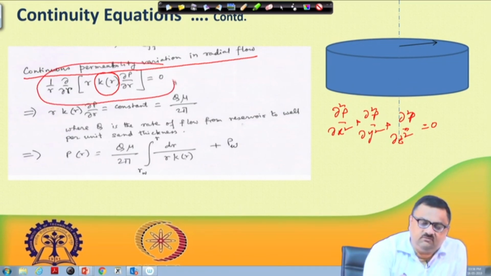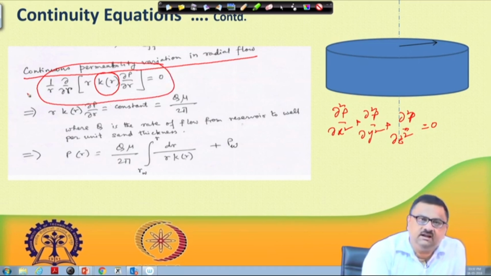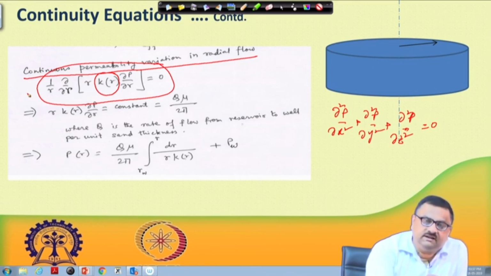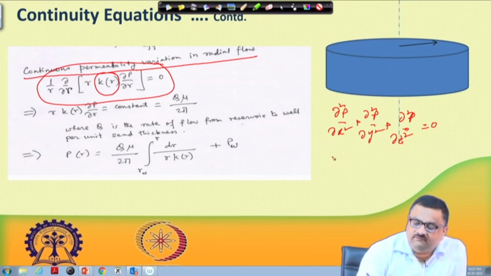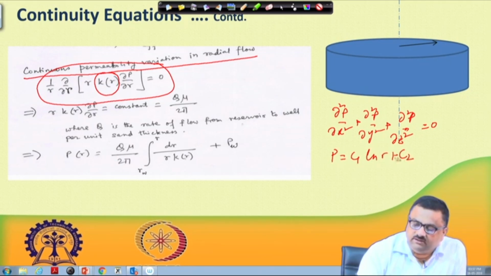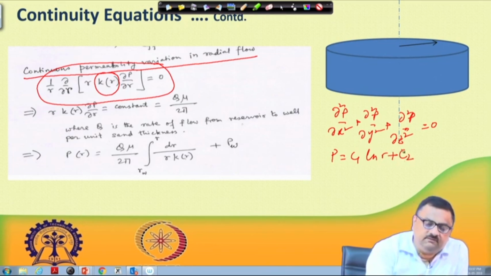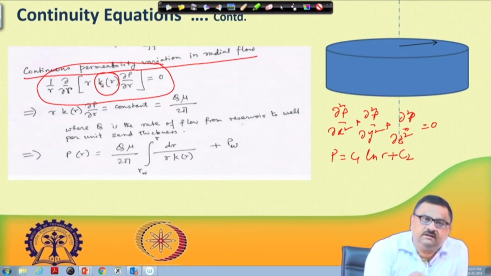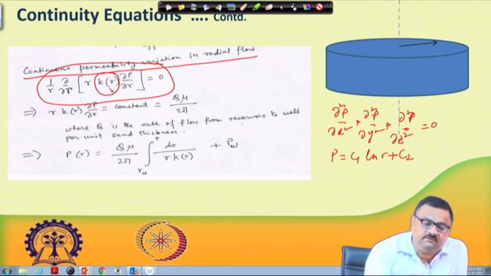What we did last time was take k outside, treating k as constant, and we arrived at that famous equation P is equal to C1 ln r plus C2 in our earlier lecture. This time k is not taken outside; k has to be maintained inside because k is a continuous function of r. So when you do this integration, k remains inside.